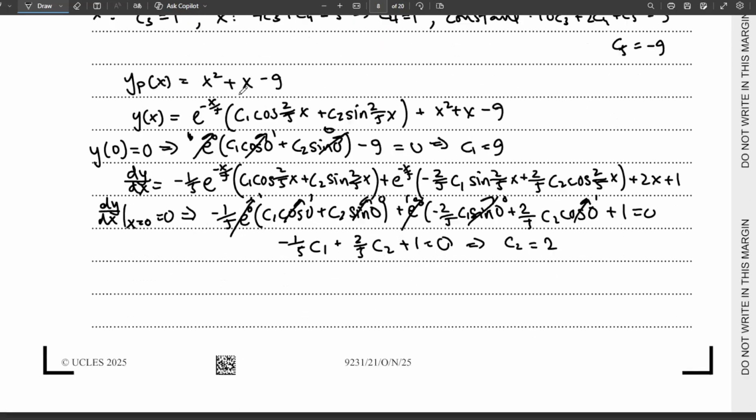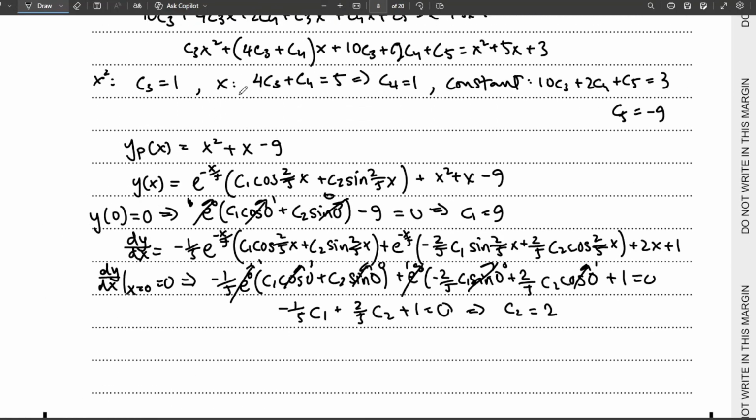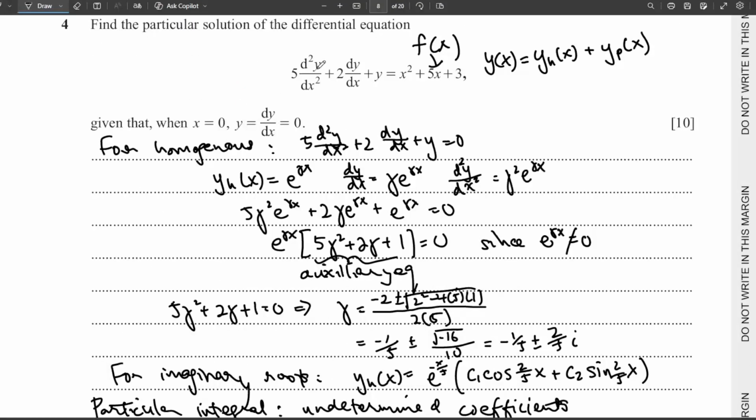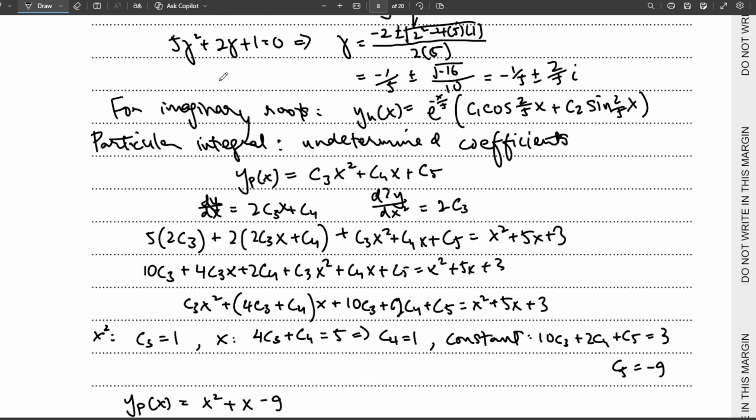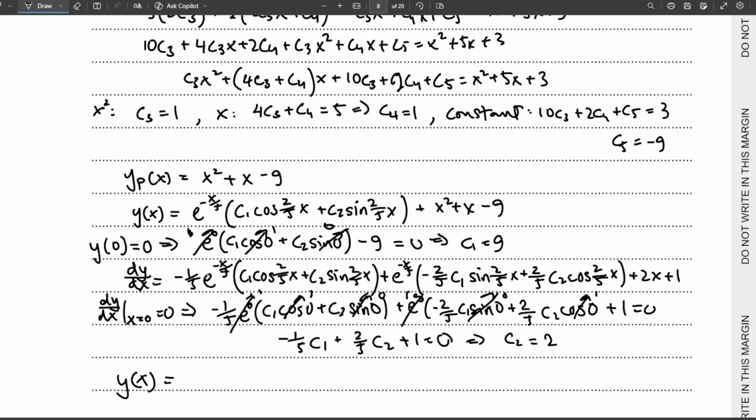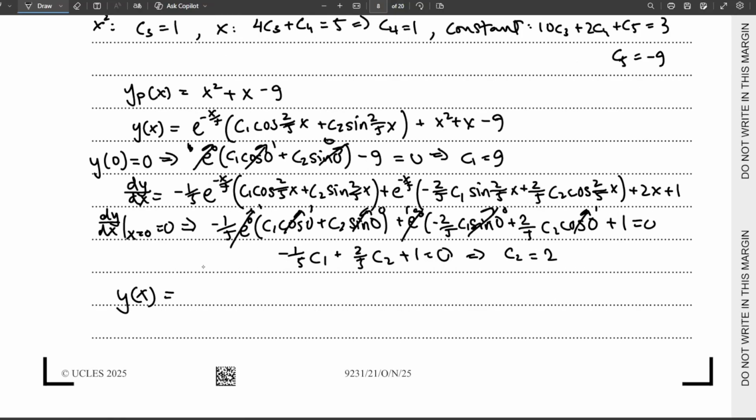And for the final part of the solution, you just have to rewrite everything as a function y of x, right? So that is the particular solution. So we have to explicitly write the function y as a function of x. So yeah, we have e to the negative x over 5.